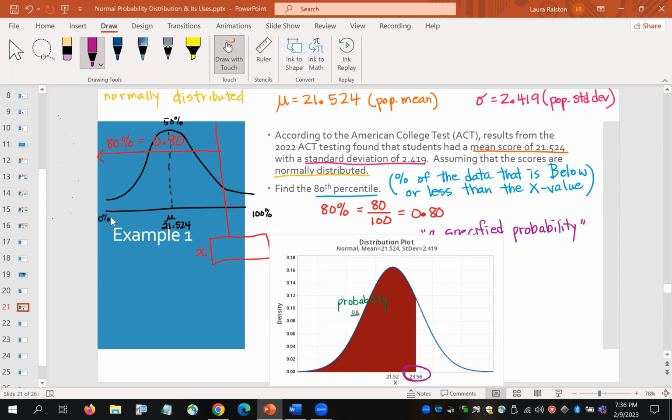Here it is. My X value is 23.56. So the 80th percentile is 23.56, which means 80% of all the ACT reading scores are below or to the left of 23.56. 80% of the people who took the test scored below 23.56.